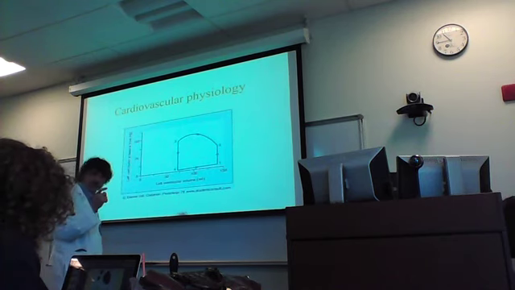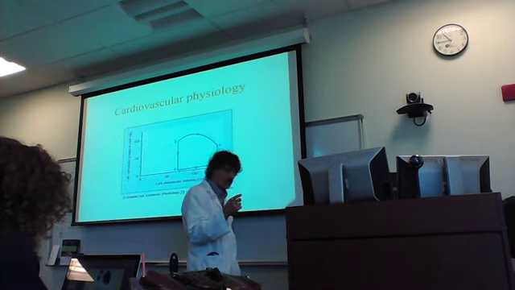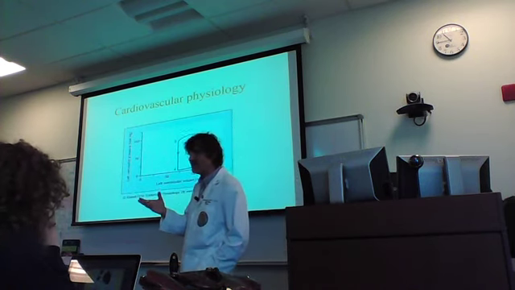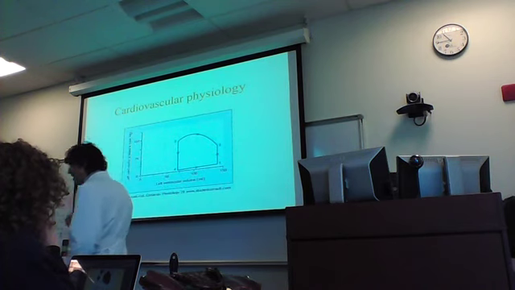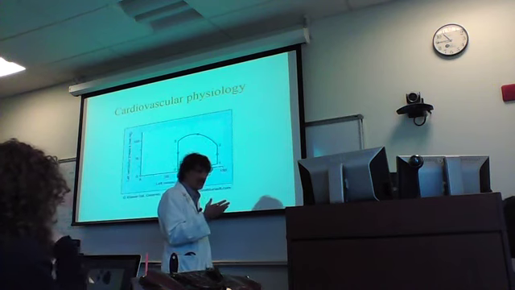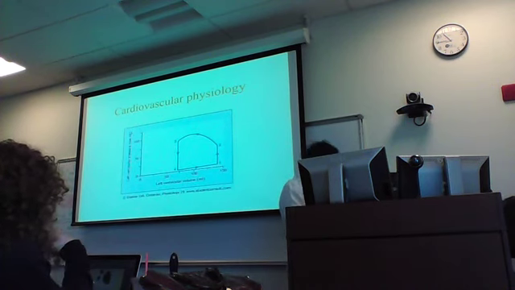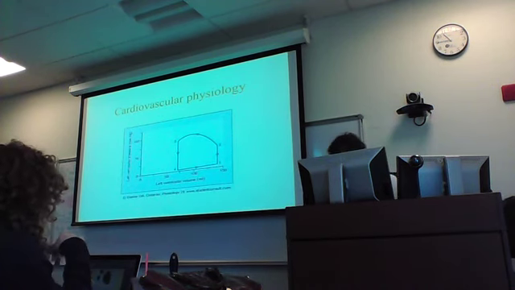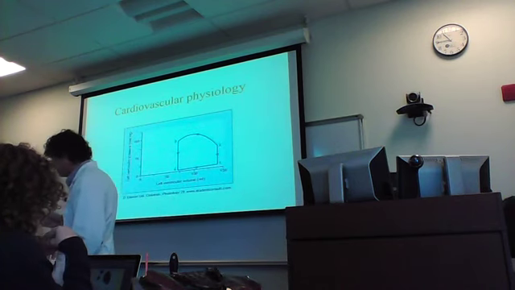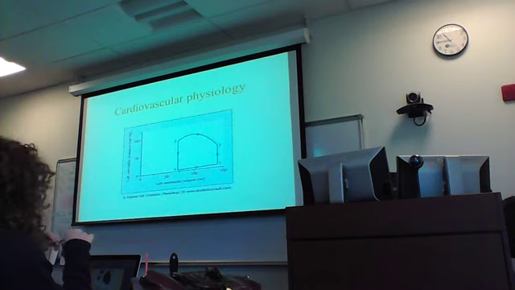And then remember too that the myocardium perfusion of the left ventricle is during diastole, and it's dependent on differences in pressure between the pressure in the coronary arteries and diastolic pressure in the left ventricle.